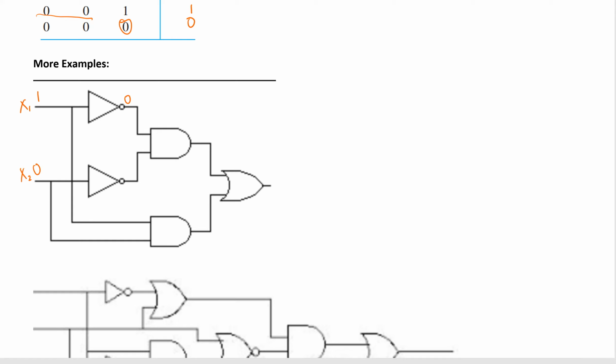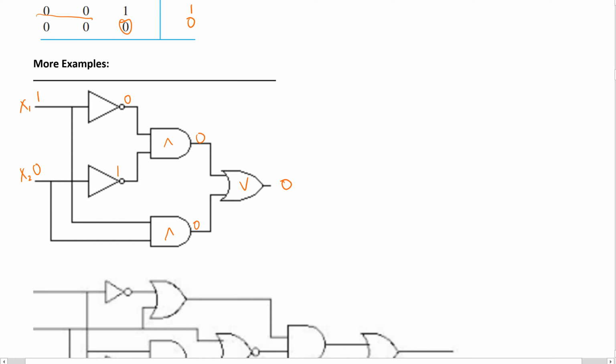And this is a NOT gate, so it becomes 1. And then this guy is an AND gate, right? The AND gate, 0 and 1 is 0. And then what this guy means is 1 and 0 give us 0. 0 or 0 give us 0. So far, so good, everybody?